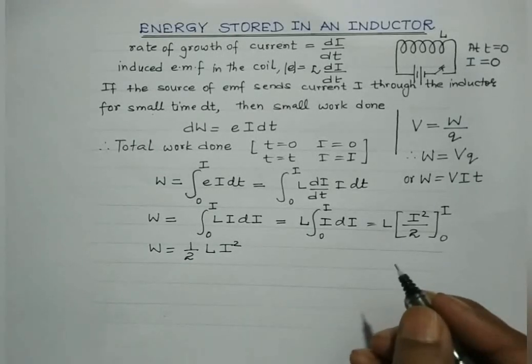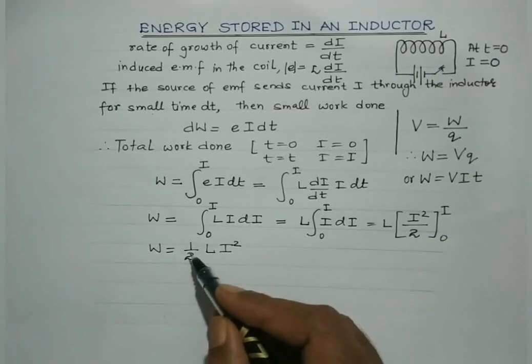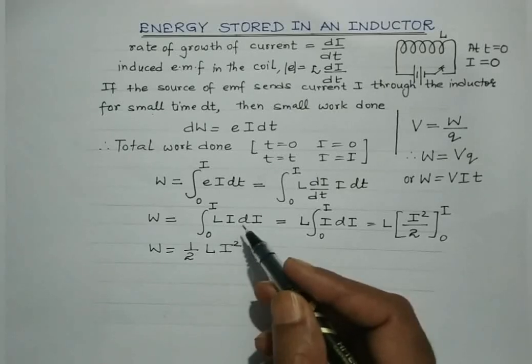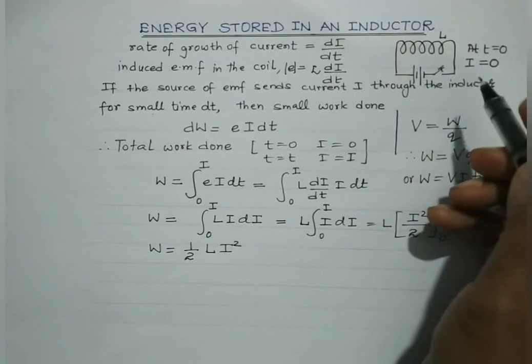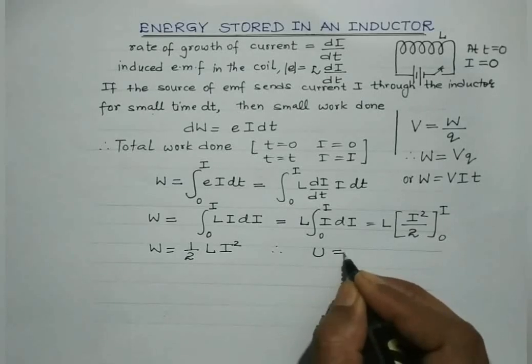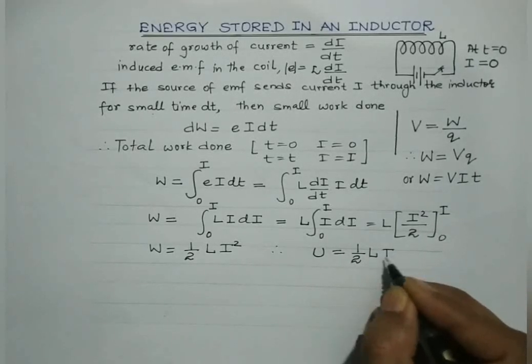Now, as per the work energy theorem, as we have stated, this work done by the source of EMF in building up current from 0 to the maximum value is stored inside the inductor in the form of energy. Therefore, the energy stored in the inductor is given by half L I square.